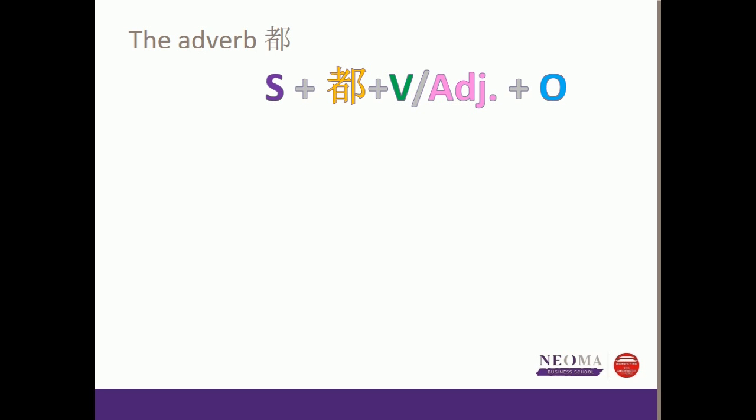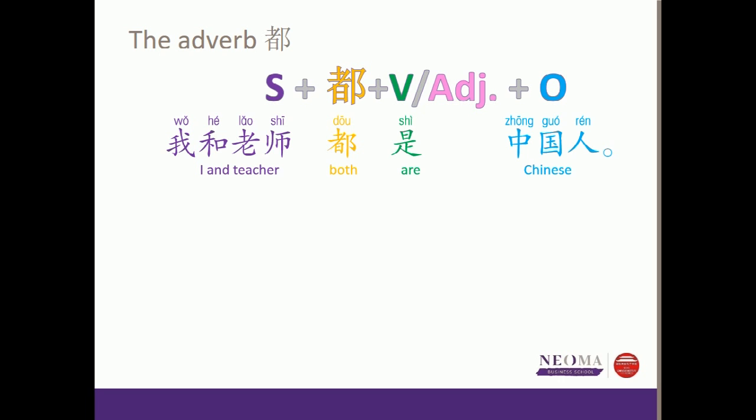Let's see an example. 我和老师都是中国人. I and the teacher both are Chinese. 我和老师 are the people mentioned before 都, and these two, 我 and 老师, all fall in the category. The category is 中国人, Chinese.